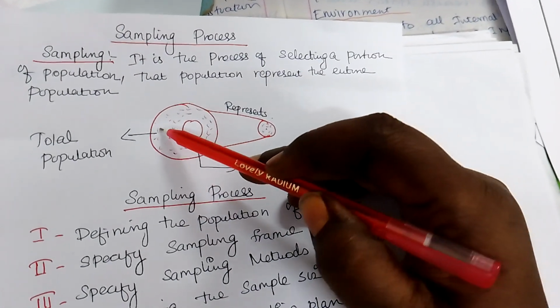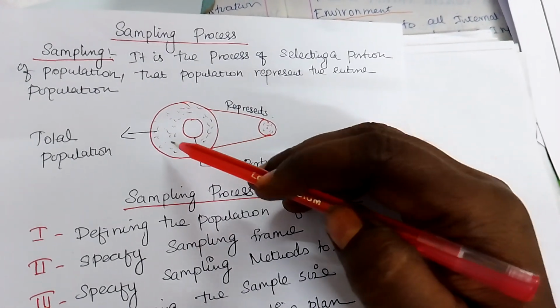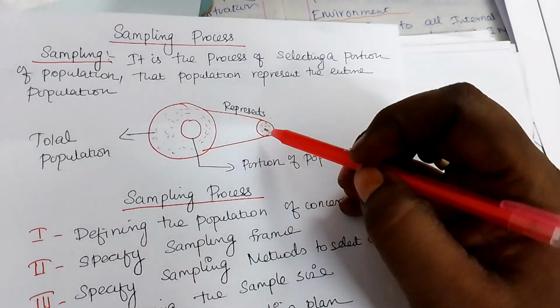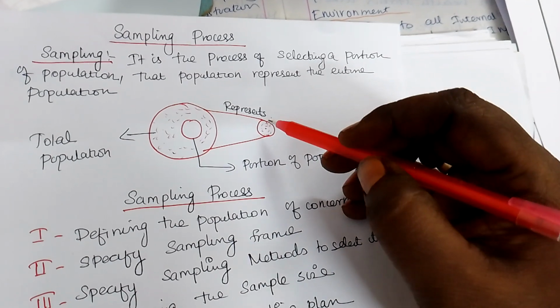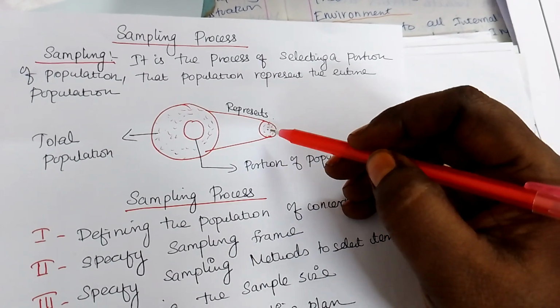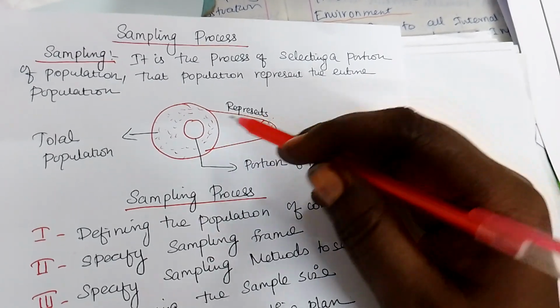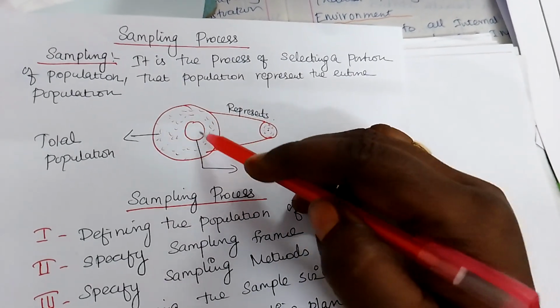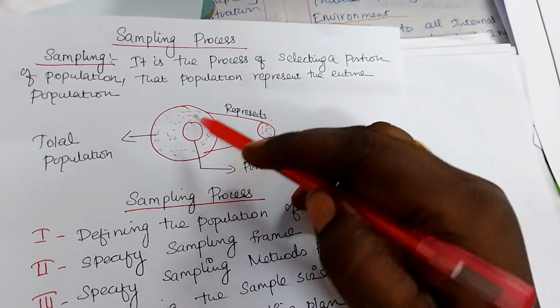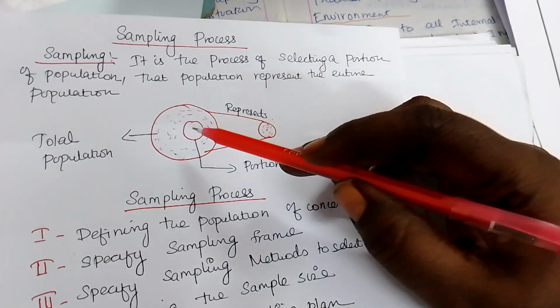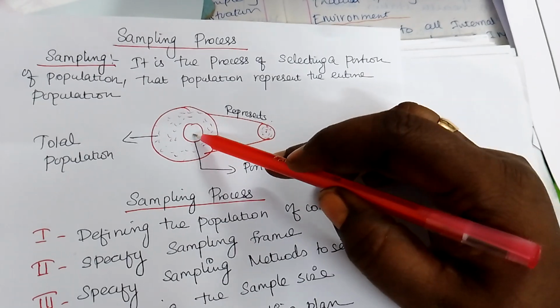Clear? So if 1 lakh, or for example 50 lakhs or 1 crore population is there, my sample will be within 120,000 or 10,000 samples of it, representing the total adolescents of Bankura, whatever study they are telling me to do. So it is the process of selecting a portion of the population.